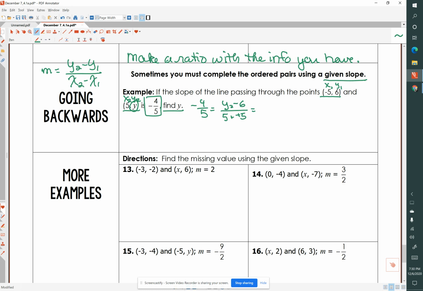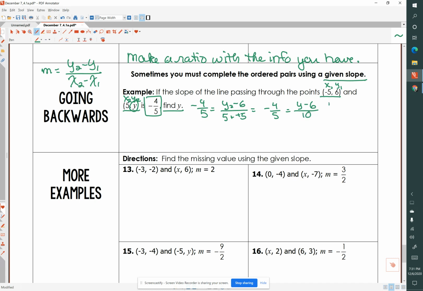So let's simplify what we can so far. Negative 4/5 equals y minus 6. Okay, we'll just simplify it to y right now. And 5 plus 5 is 10.